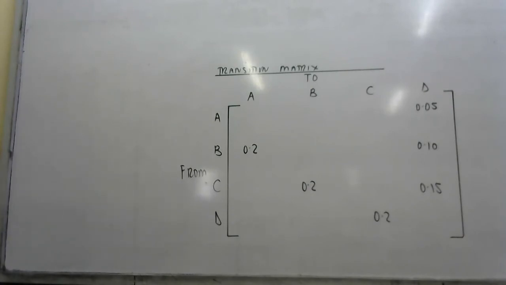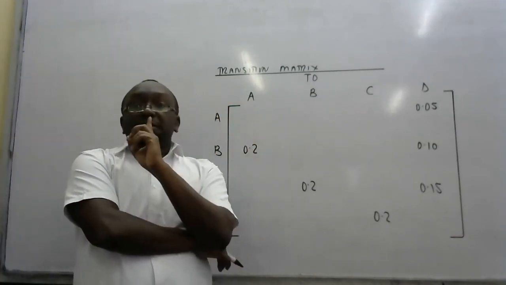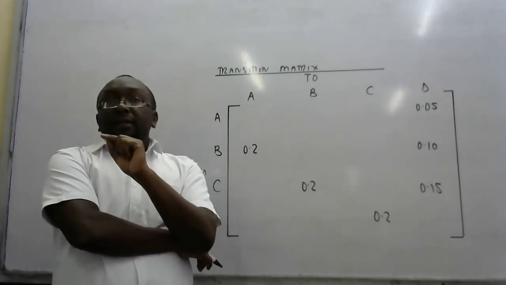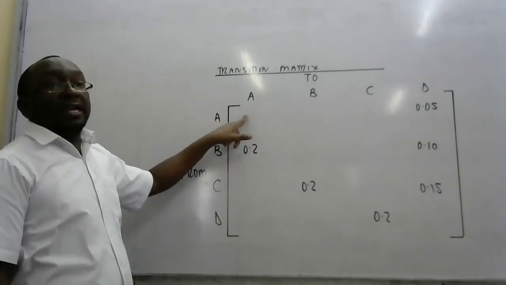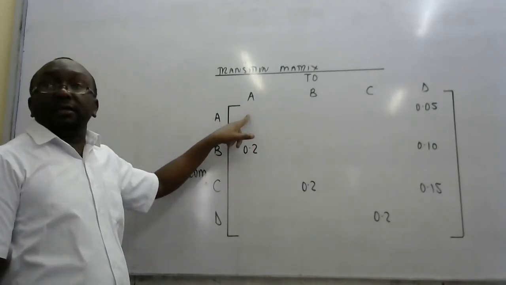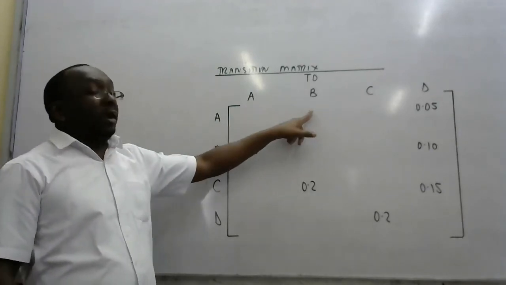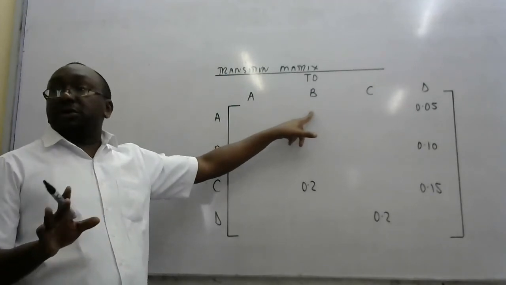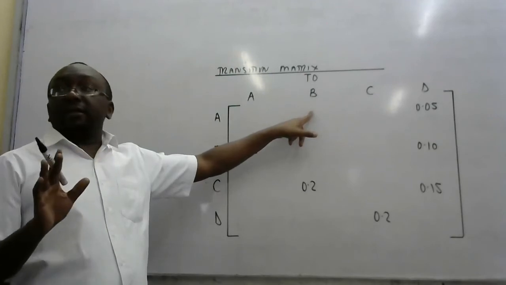So whatever is remaining, at least we know that the row must always add to 1. So the row in a transition matrix must always add to 1. Here, this is those who are in A and have remained in A. We don't know how many. These are those who have been demoted from A to B. But the question has not mentioned demotions.